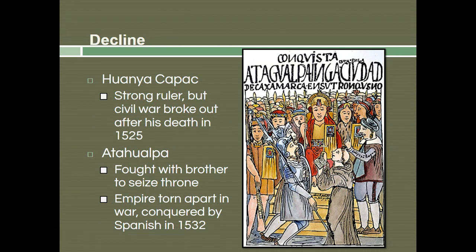All right, so the Inca decline comes towards the end of the mid 1500s, 1600s when the Spanish arrive. When Huayna Capac died, civil war broke out between his two sons.